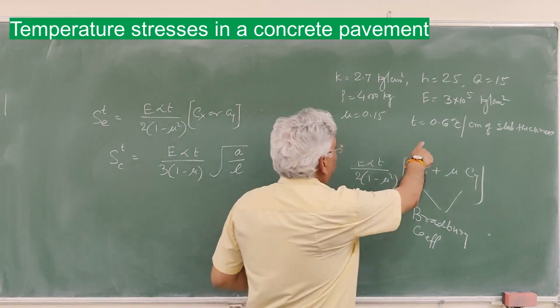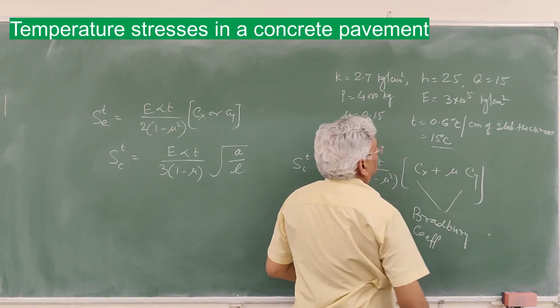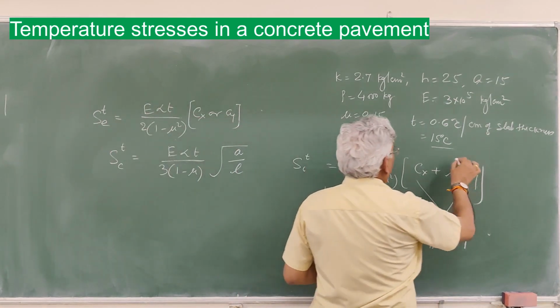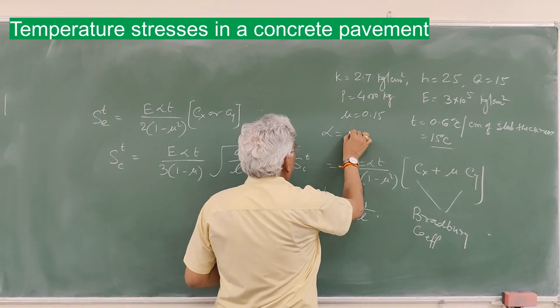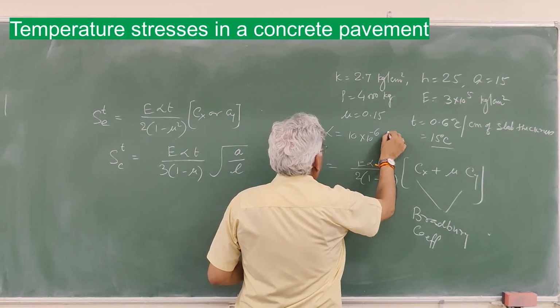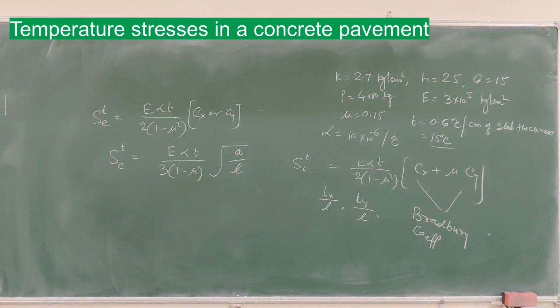So this will be 0.6 into 25, that is 15 degrees centigrade. And alpha of the concrete is generally 10 into 10 to the power minus 6 per degree centigrade. So calculate what the stresses are because of temperature.